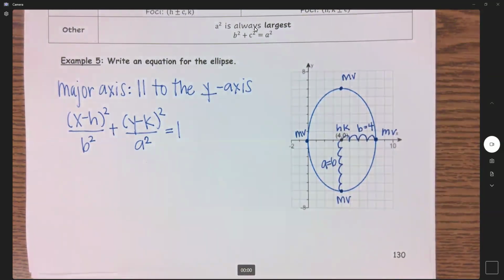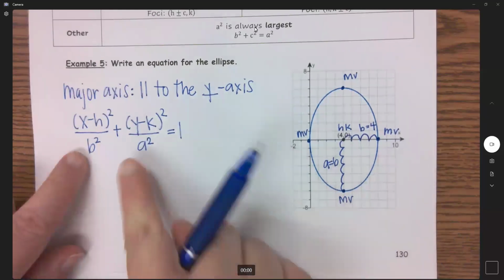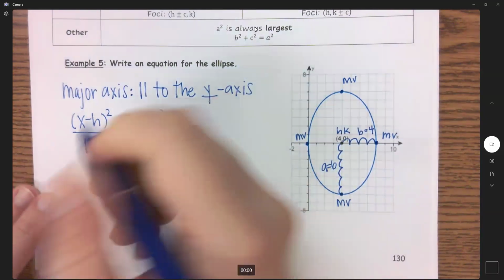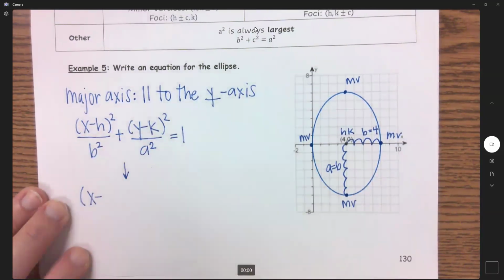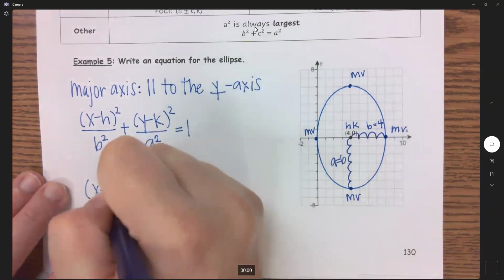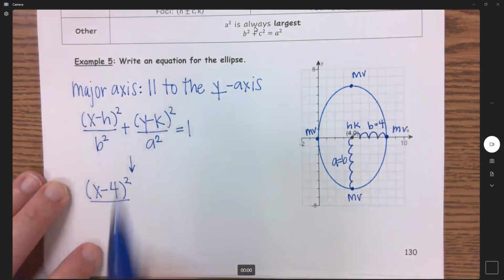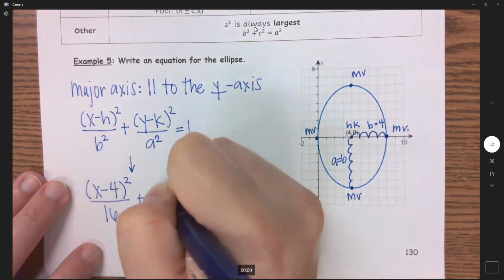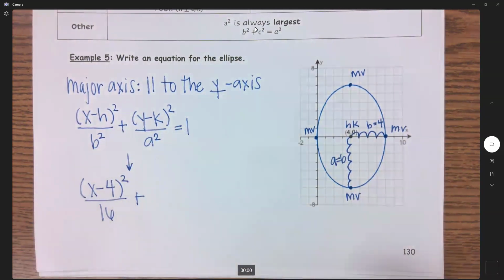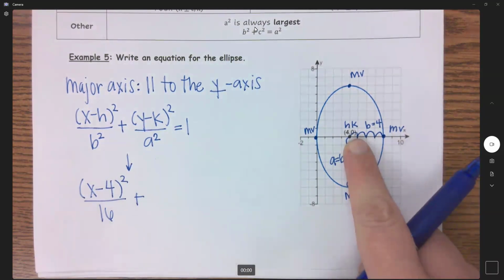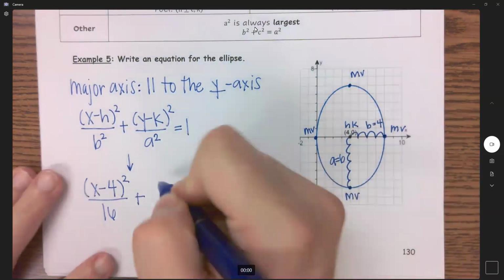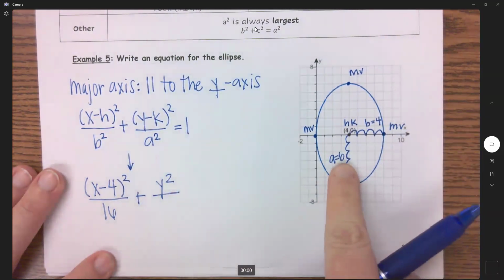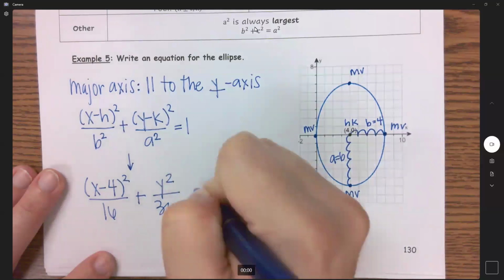My B is 4. So now I have my A and B, and I have my H and my K, so let's plug it all in. We have X minus H, which is 4, over B squared, which is going to be 16, plus Y minus K. If my K is 0, Y minus 0 is just Y squared, and then A squared will be 36, and this equals 1.